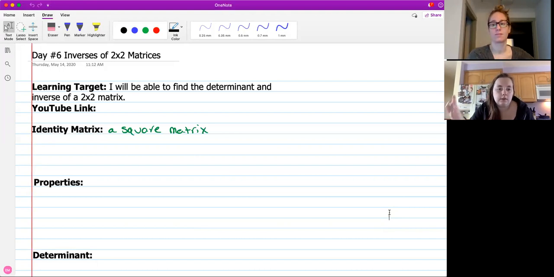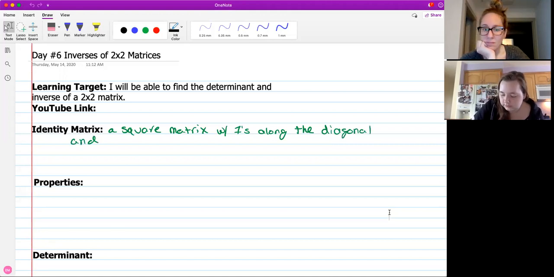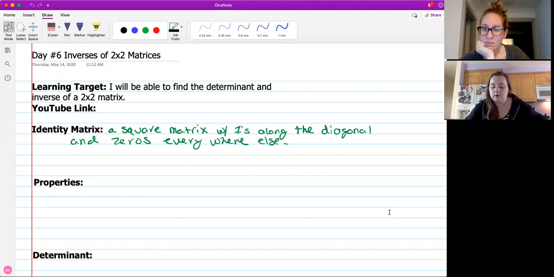It's a square matrix with ones along the diagonal and zeros everywhere else. This is denoted with just a capital I. So whenever you see a capital I when you're using matrices, that means that you're using the identity matrix.